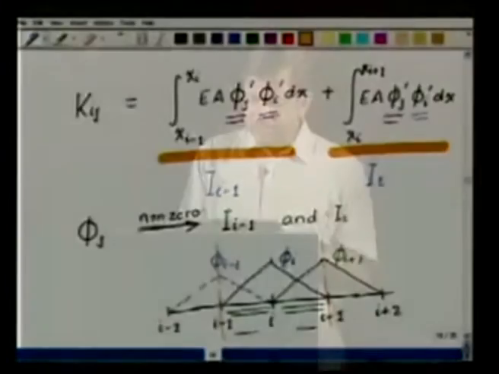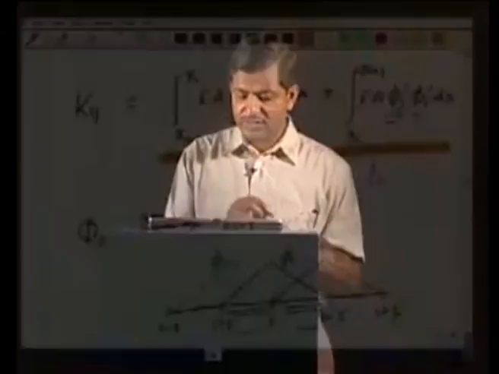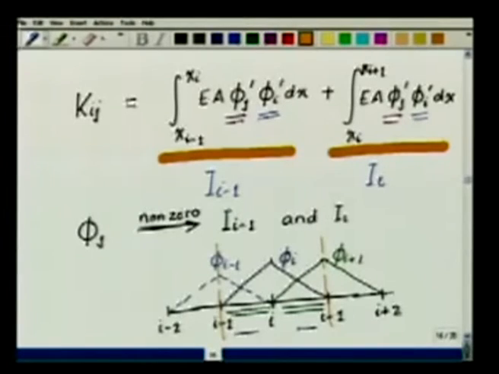So what it tells us is that out of all the fj's, remember that here we had 6 fj's, only the 3 fj's for j equal to i minus 1, j equal to i and j equal to i plus 1 are non-zero in this integration range.